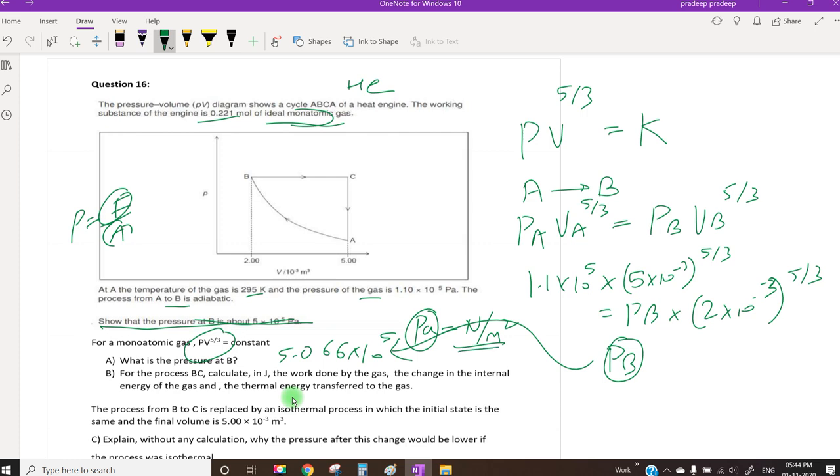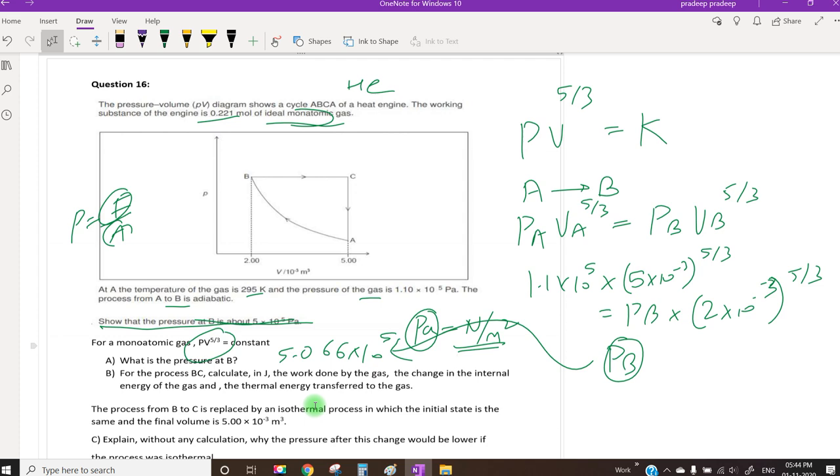Okay, now part B. Vaibhav, tell me your answers. Part B, so I got 1.52 times 10 to the power 3 joules. Okay, that is the work. Change in the internal energy.